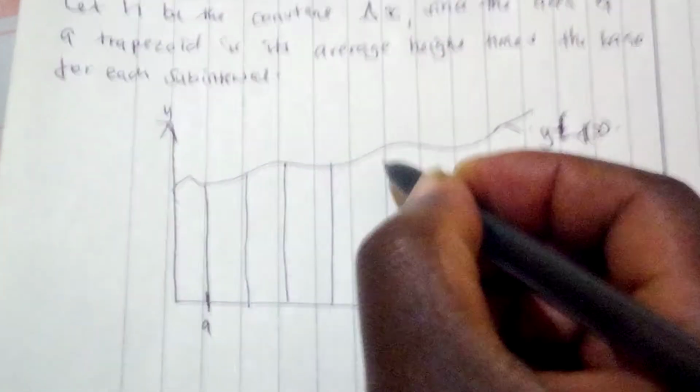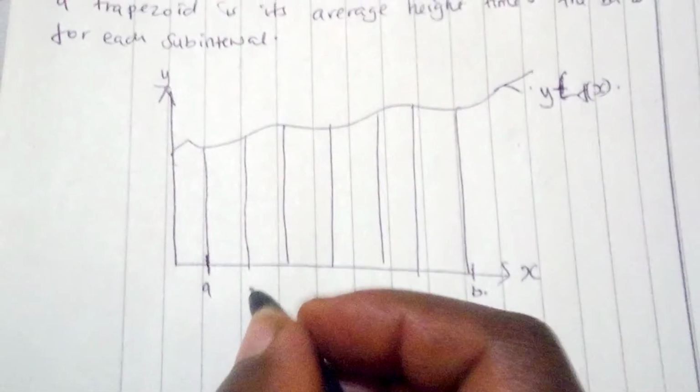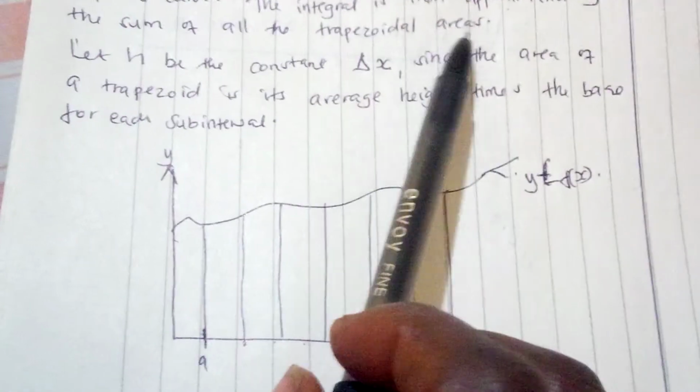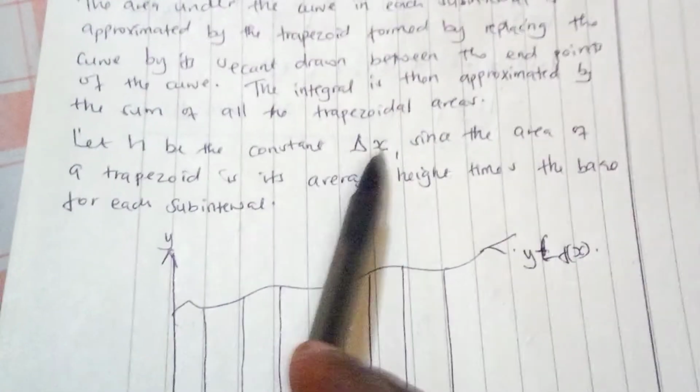So these are the subintervals 1, 2, 3, 4, 5. Then the integral is approximated by the sum of all the trapezoidal areas, so we put all of them together.